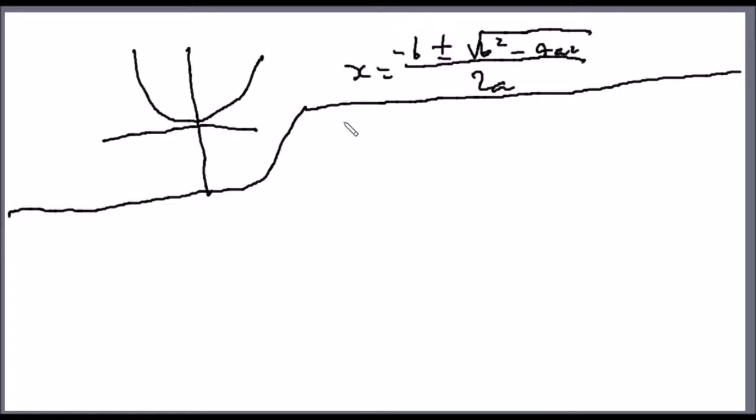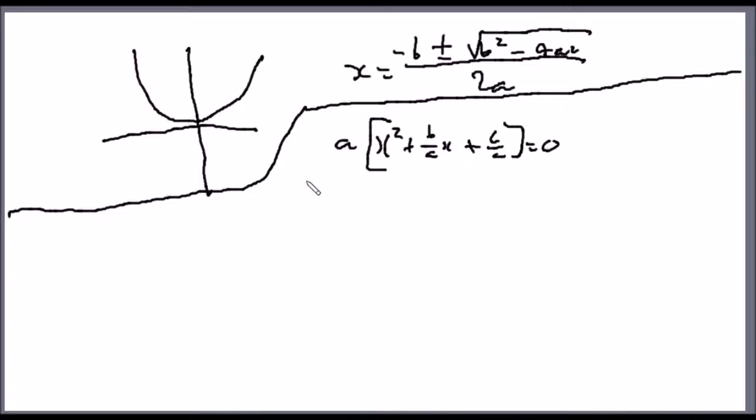So we can just take the general form where it's ax squared plus bx plus c. We can just take a out of the equation. And we can say this equals 0 if we want to find x.